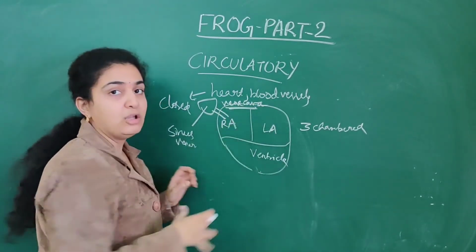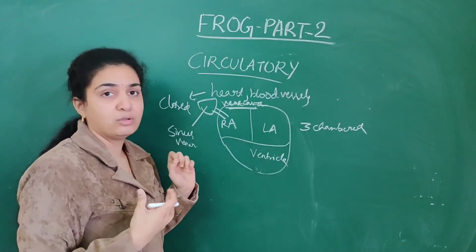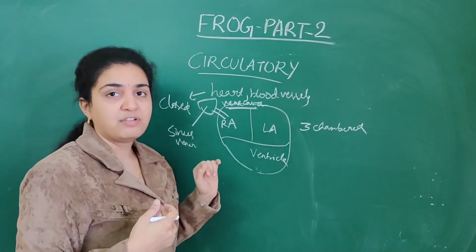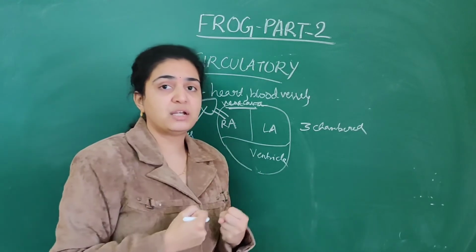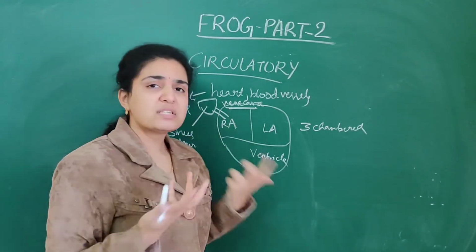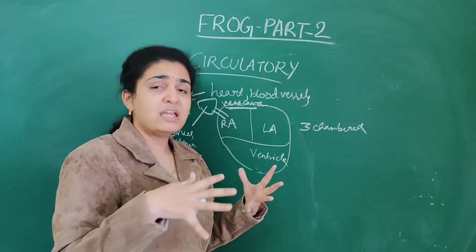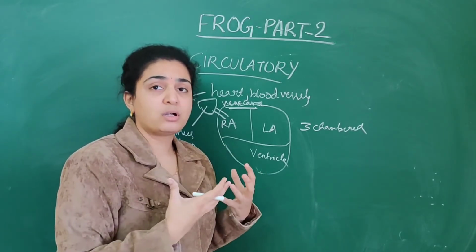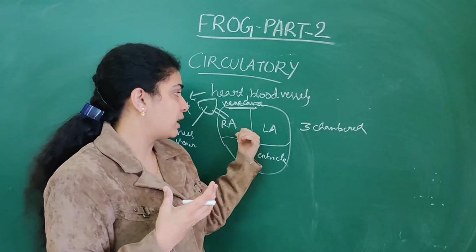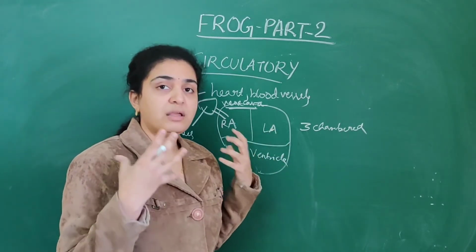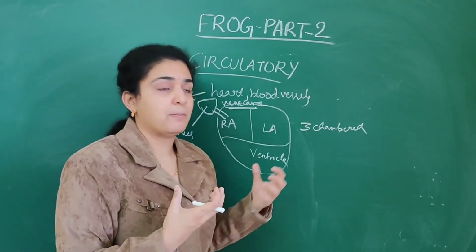Here all the deoxygenated blood will come into the right atrium. To the left atrium, all the oxygenated blood will come. Deoxygenated blood means all the waste blood which is not required, and that will come into the right atrium. To the left atrium, all the purified blood will come.